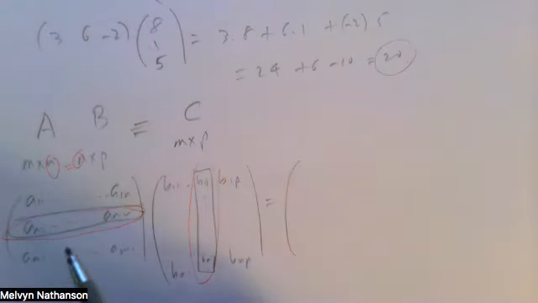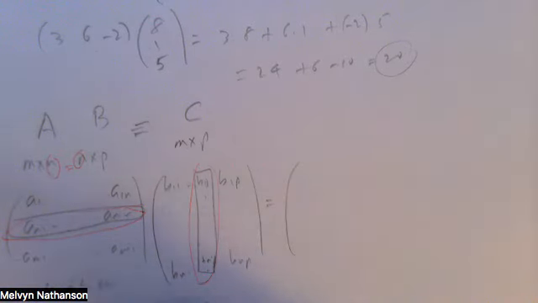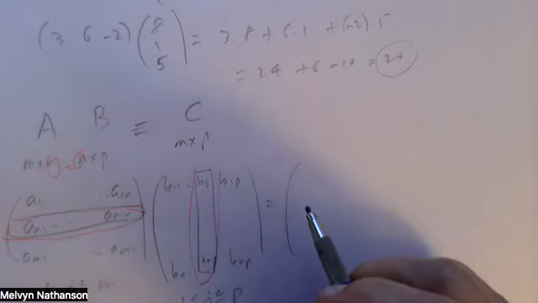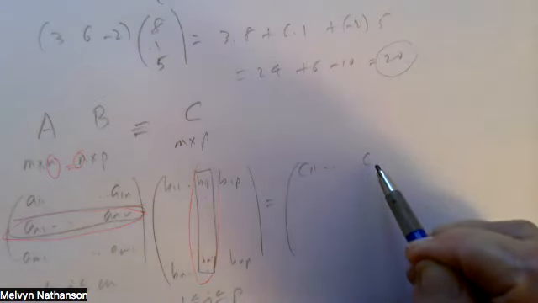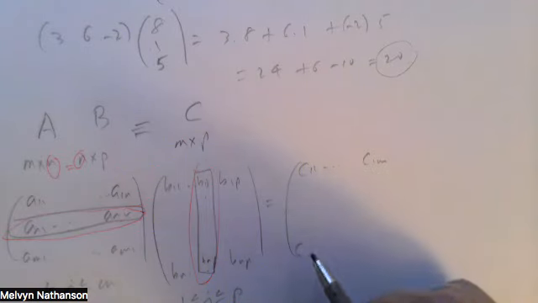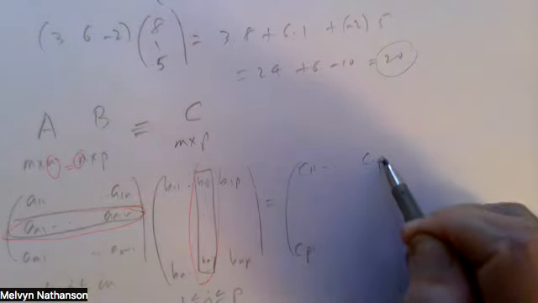I goes from 1 up to M. Here, J, the columns, go from 1 up to P. And you take the ith row times the jth column, and that's going to be, so in this matrix, C11 up to C1P, down to CM1.